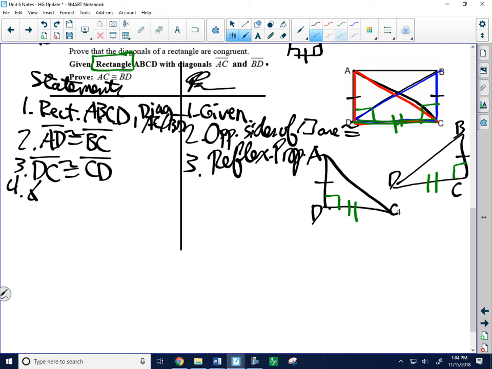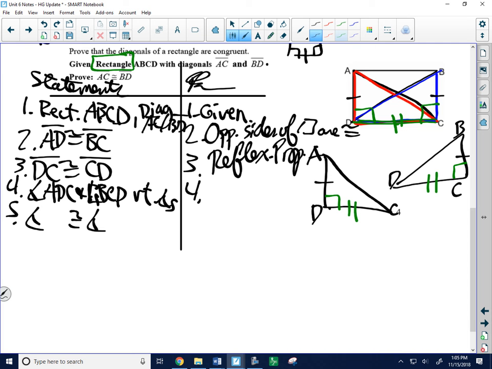All right, so angle ADC and angle BCD are right angles. That is just because it's a rectangle. Definition of rectangle.